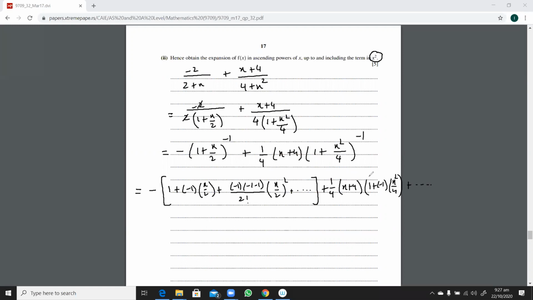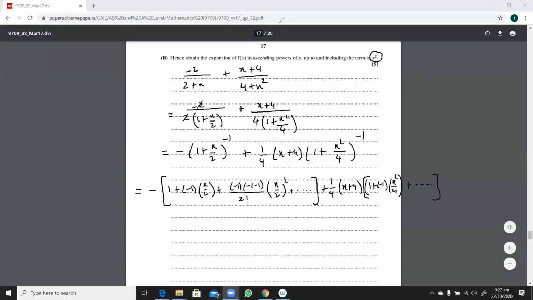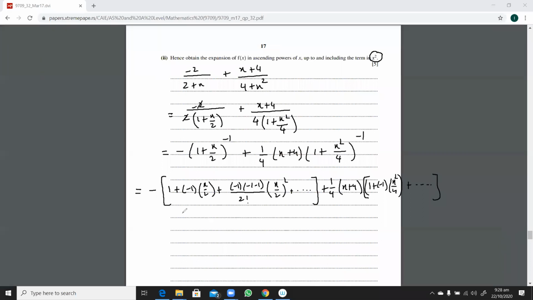I will just be writing the first two terms for this. Can you see that? Because I have to go up to x squared. If I write the next term of this, that will take me to the power x to the power 4, which is not required.